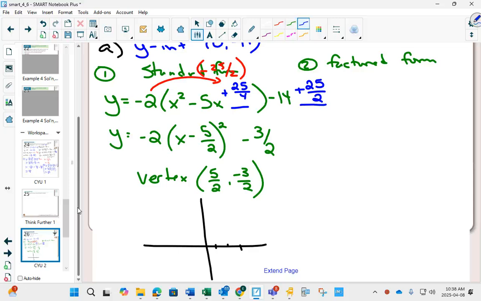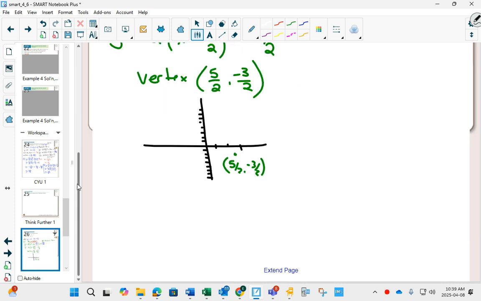I'll label it in green here. 5 over 2, comma negative 3 over 2. And then, oops, this way. One, 2, 3, 4, 5, 6, 7, 8, 9, 10, 11, 12, 13, 14.